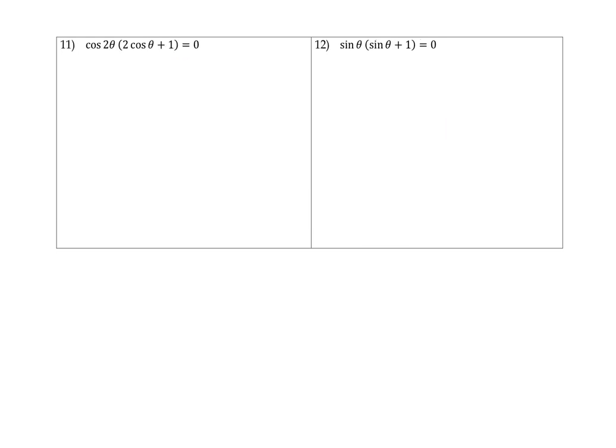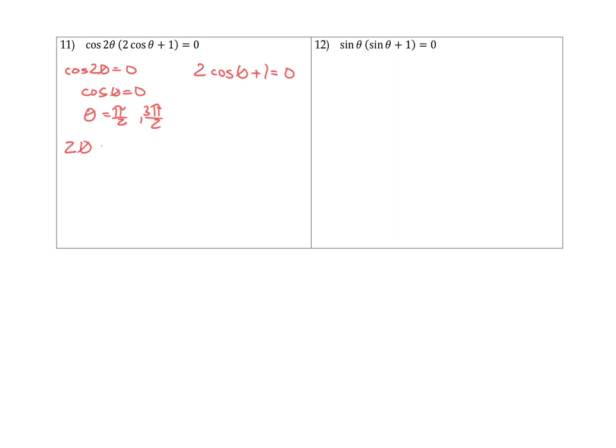Okay, so now on this one, I've got cosine 2 theta and 2 cosine theta plus 1. So the first thing I'm going to find out is cosine 2 theta equals 0. And when is cosine 0? That is at pi over 2 and 3 pi over 2.